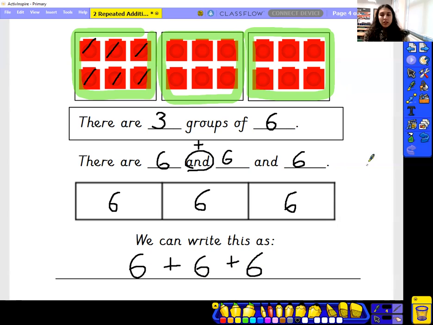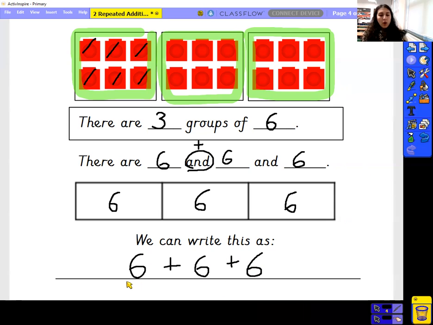Just have a think for a second. What does this 6 represent? If you need some more thinking time, pause the video. If you're ready to have a look, that's right. The 6 represents that there are 6 cubes in that group. Why do I have 3 6s written?